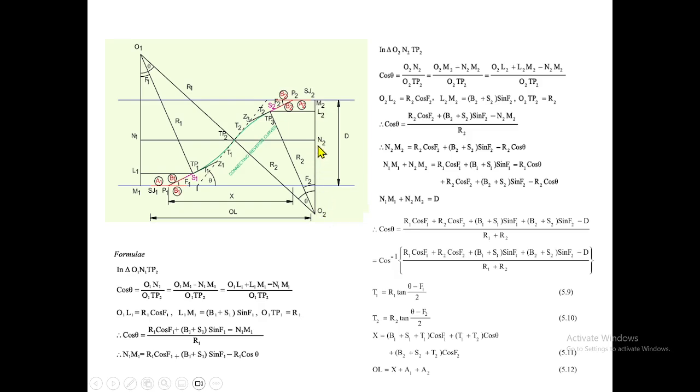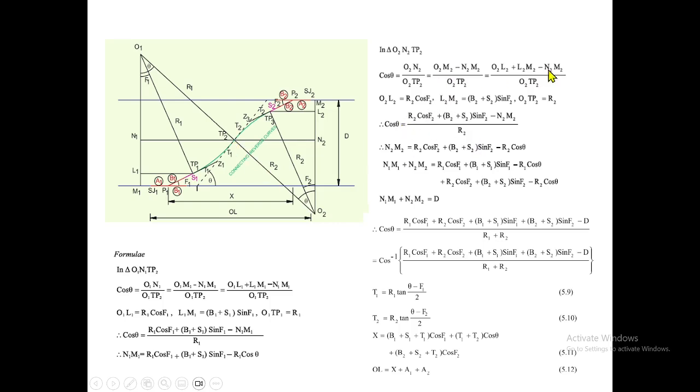To get O2 N2 we are breaking it: total up to this, plus this one, minus this one will be over this one, like that we are writing it. So each component we are trying to get: this is R2 cos F2, and L2 M2 equal to B2 plus S2 times sin F2. Then the hypotenuse O2 TP2 equals R2.